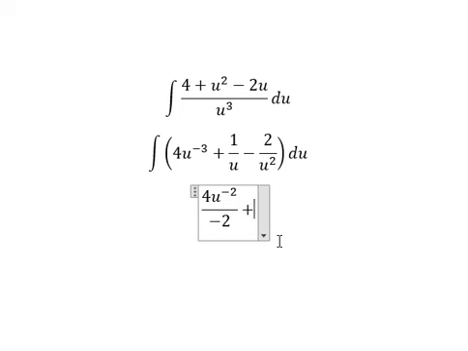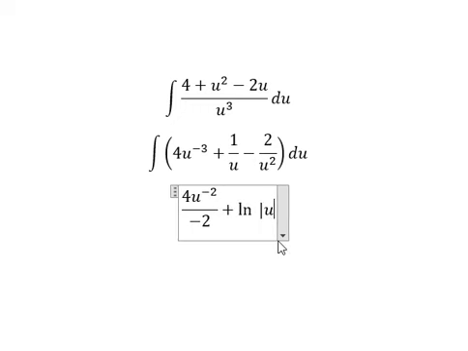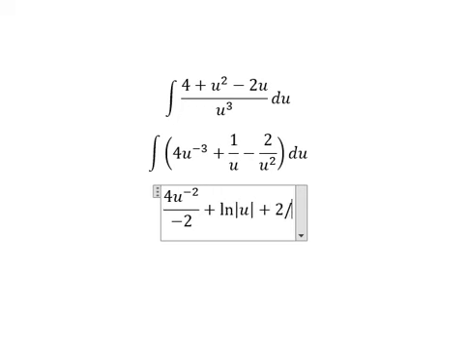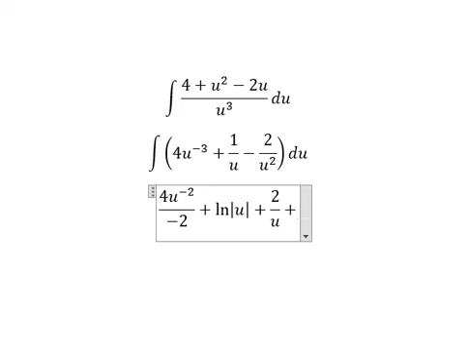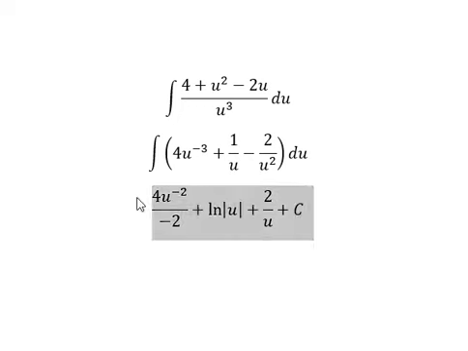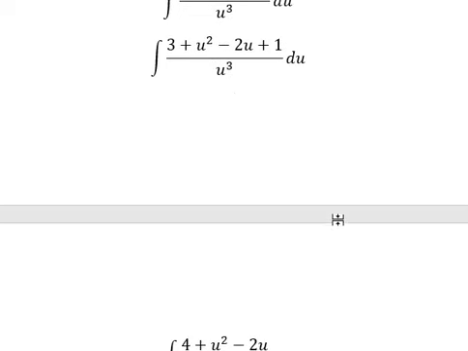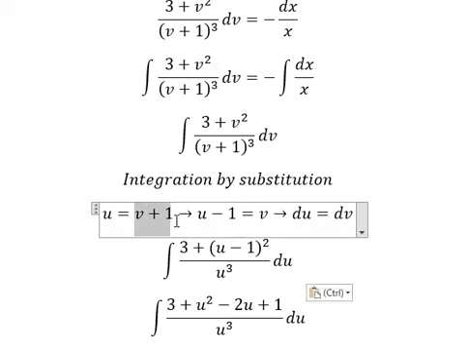The next one, we have ln of the absolute value of u. The next one, we have positive 2 over u, and I will put c. About u, that is about v plus 1.